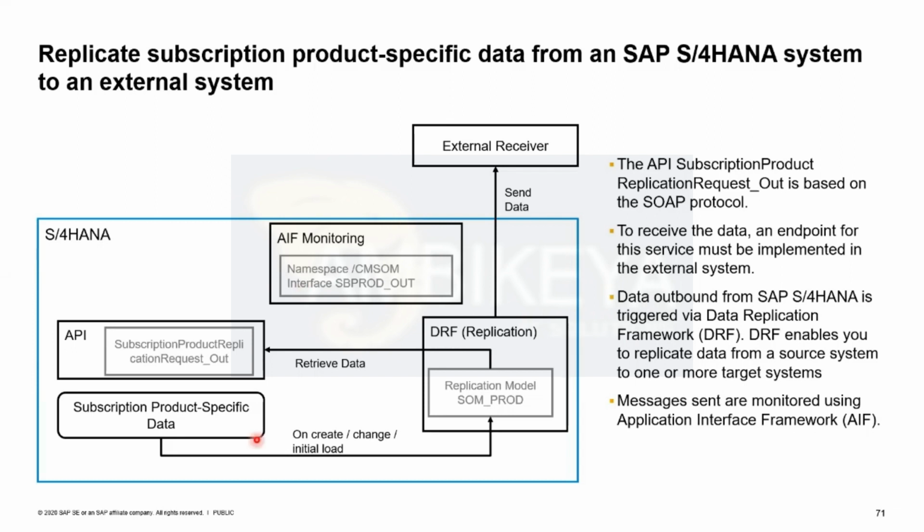So when the data is updated, it is possible through DRF to send this data out to an external system using this new SOAP service, subscription product replication request out. And with the DRF, we can not only distribute changes to one external system, we can distribute the changes to multiple external systems. And distribution failures, etc., can be monitored from the AIF Monitor.